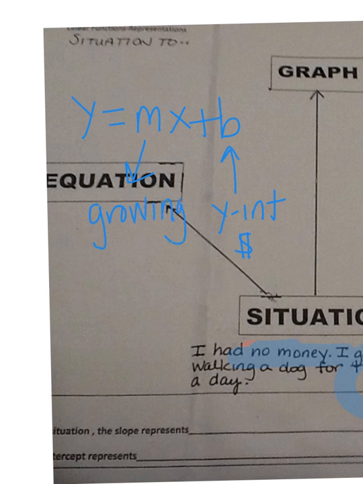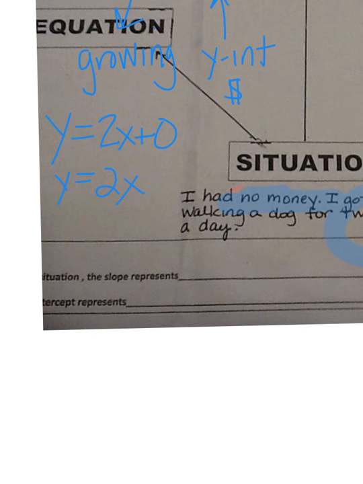In this case, it's growing by $2 a day. So the equation can be written as y equals 2x plus 0, because we don't have any money at the beginning, or y equals 2x. Done.